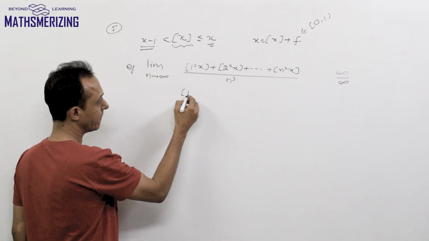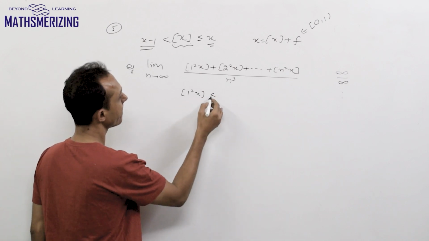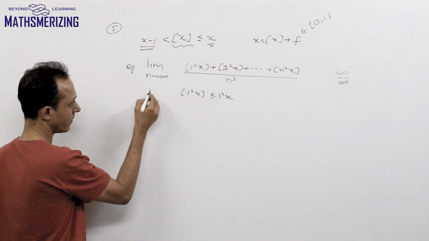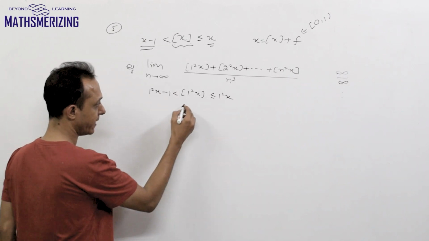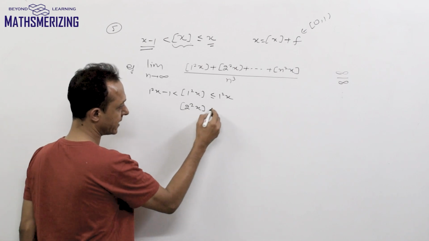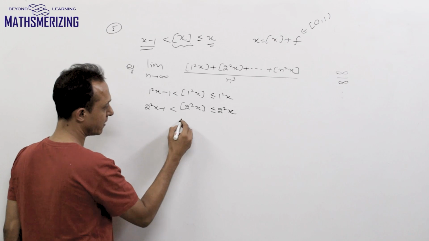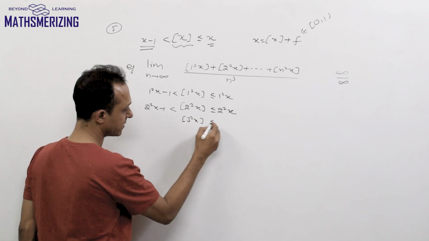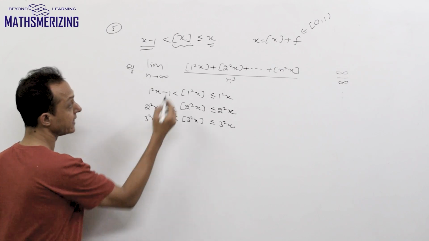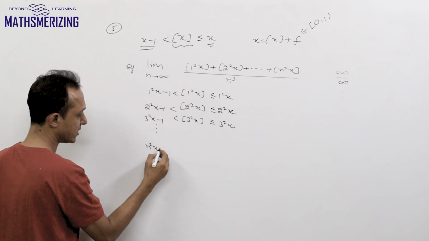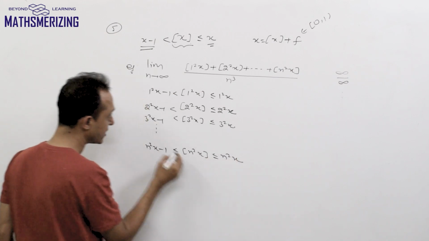So I can write 1 square x will lie between 1 square x minus 1 and 1 square x. In the same way, 2 square x will lie between 2 square x minus 1 and 2 square x. 3 square x will lie between 3 square x minus 1 and 3 square x, and this series will continue up to n square x minus 1 and n square x.